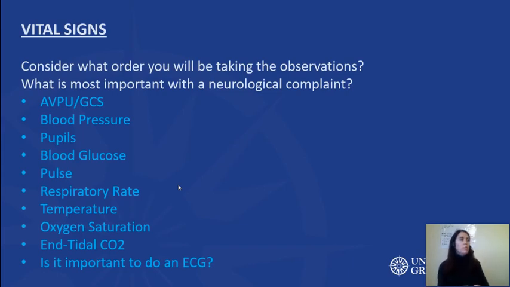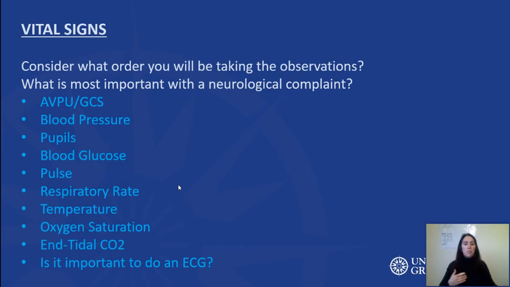Right, when you're taking your observations, what is significant? What order should you do it in? Now, I'm a big fan of this. You'll probably have noticed that by now. I want you guys to be thinking logically. If you think someone's coming up with a neurological complaint, what are you going to want to look at first?